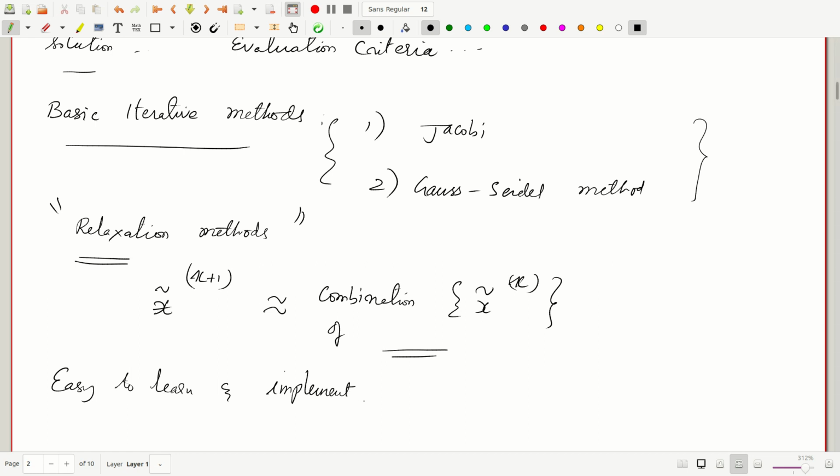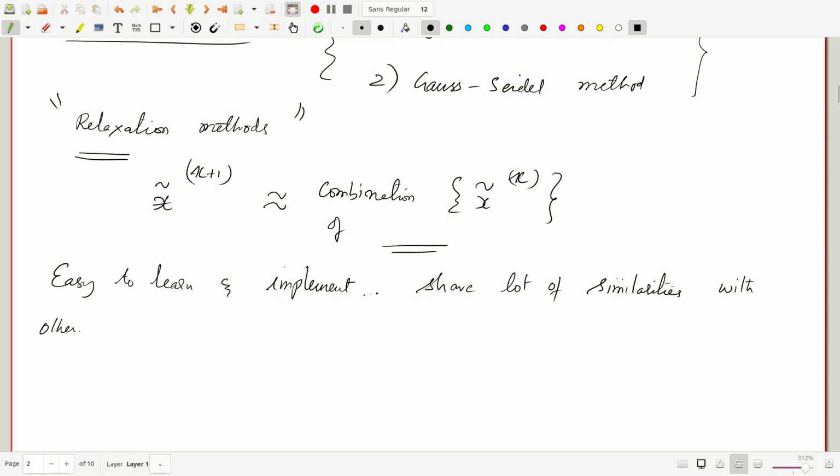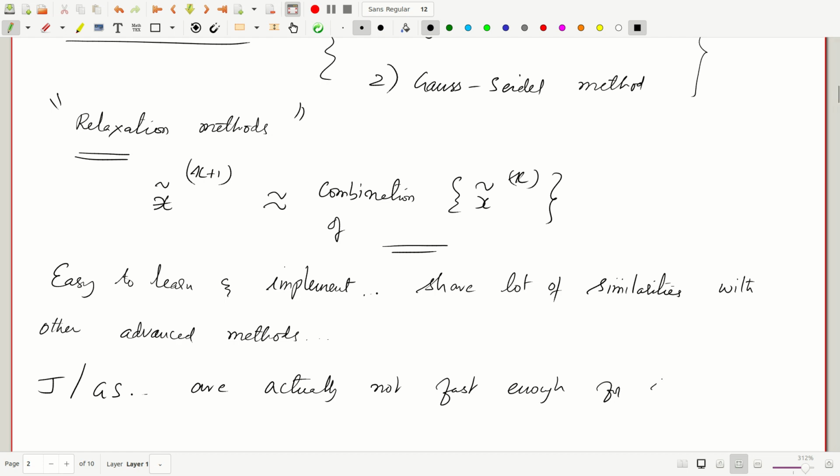and they share a lot of similarities with other advanced methods. However, the Jacobi as well as the Gauss-Seidel are actually not fast enough for practical applications.